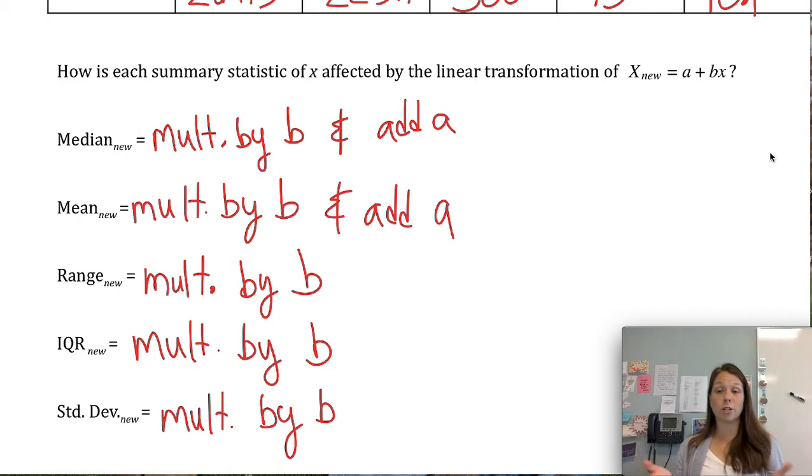If you're taking your data set and you're simply adding or subtracting a number, only the median and the mean, your measures of center, are affected. Your range, your interquartile range, and your standard deviation, your measures of variability, those are not affected if you're shifting all the data points backwards or forwards.